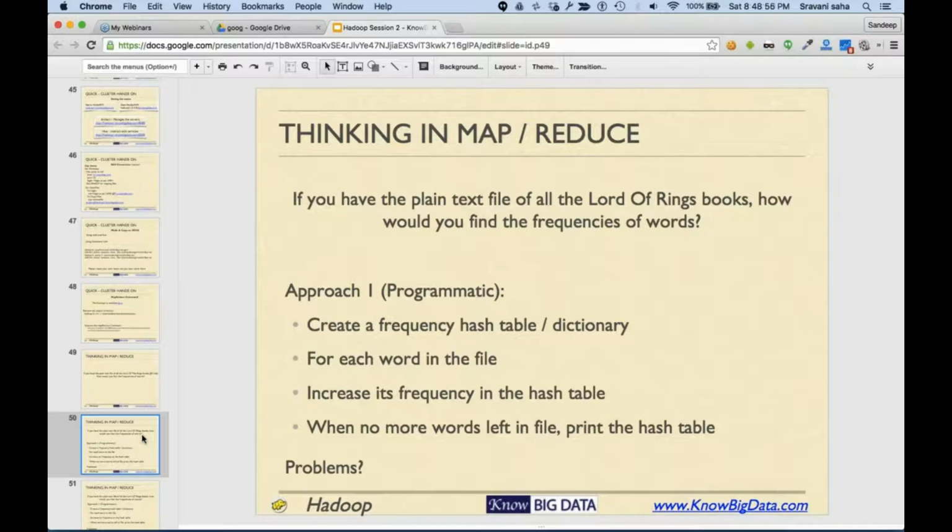In a similar way, you could create a dictionary using any programming language, be it Java, Python, PHP, or Perl. Every language supports this kind of hash table. It's a data structure which contains a collection of keys and values.